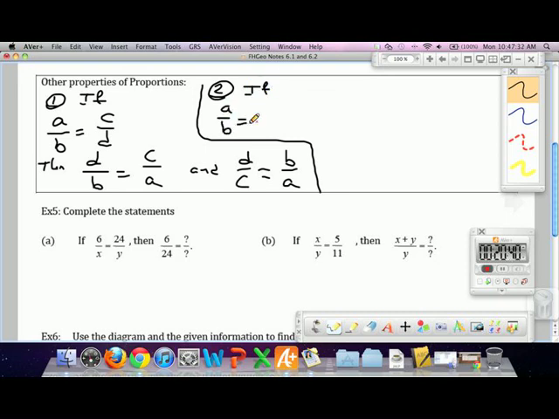The second property is kind of less intuitive, but I do want to go through a quick algebraic proof of why it's true. Don't panic when I say the word proof, please. We're just too late for that. If A over B is equal to C over D, then the following proportion is also true.